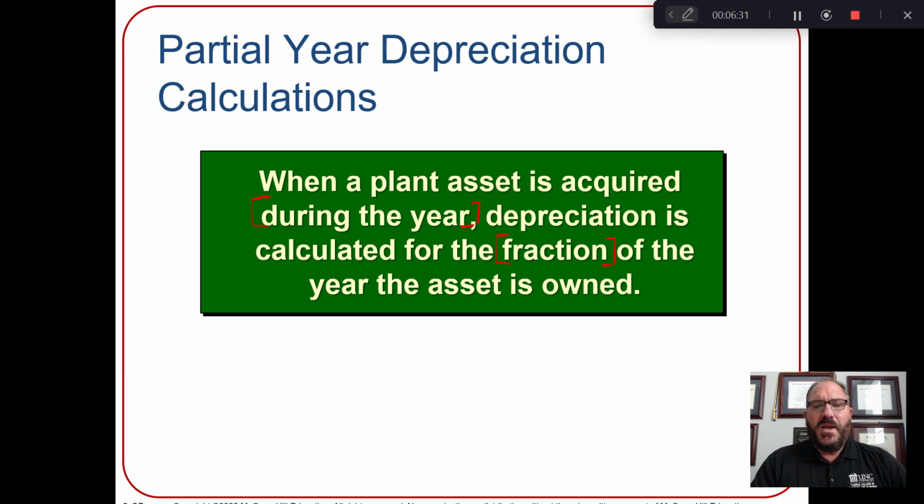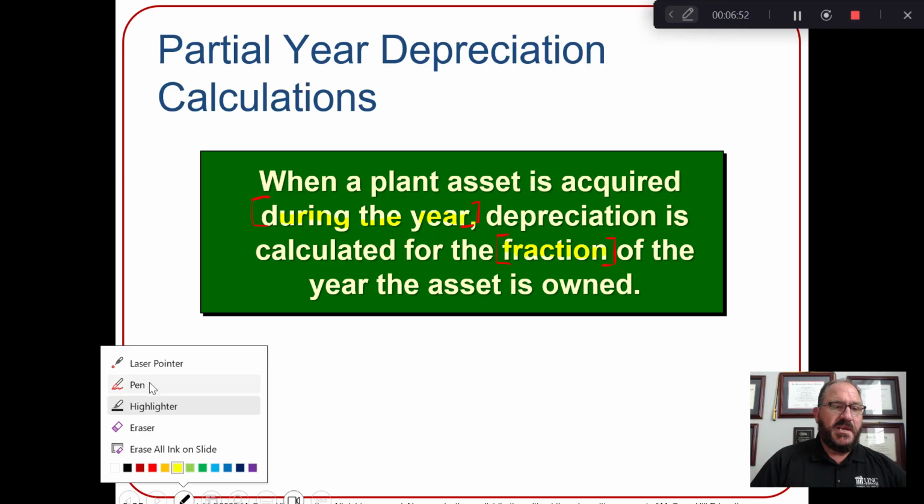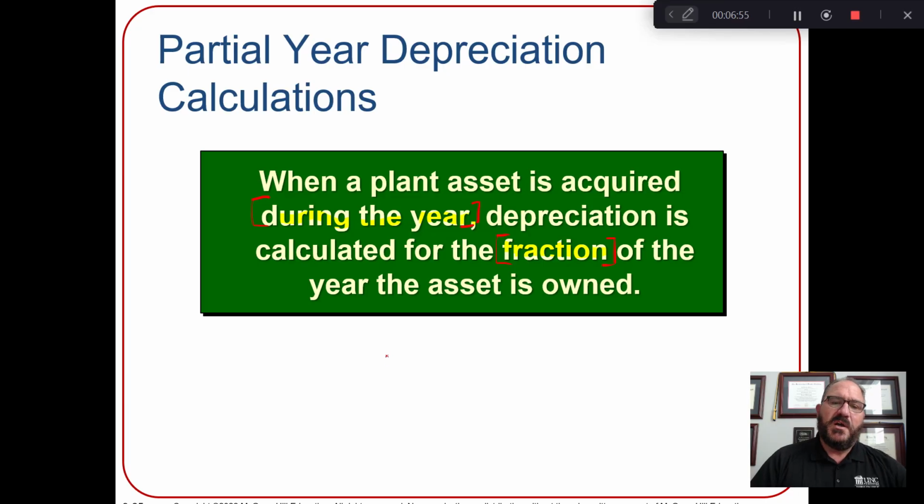All right, now what happens? What happens when a plant asset is acquired during the year? Well, all you do, you calculate the partial fraction that it is. Usually you just round it off, and for practical purposes, you just round it off to the closest month that you're at and use the fraction. So for example, let's say you bought a piece of equipment, and you got it on May 2nd, right?